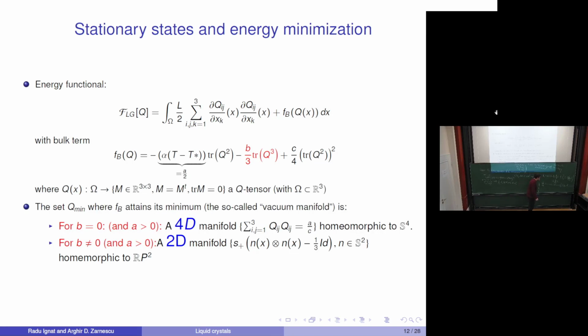Now I want to conclude that in fact this forces two of lambda 1, lambda 2, and lambda 3 to be equal. So, well, let's assume that this is not the case.